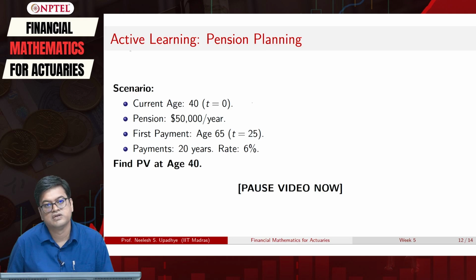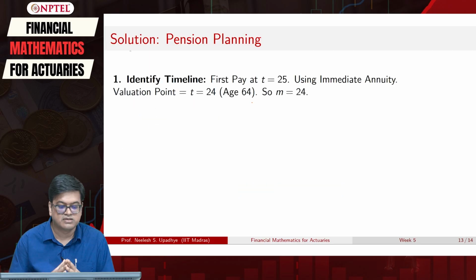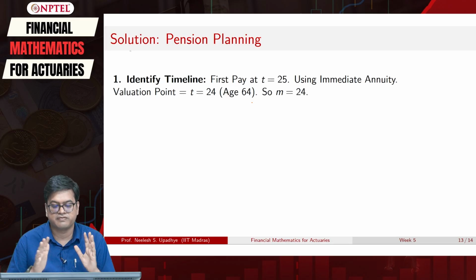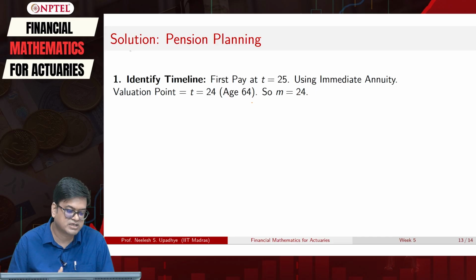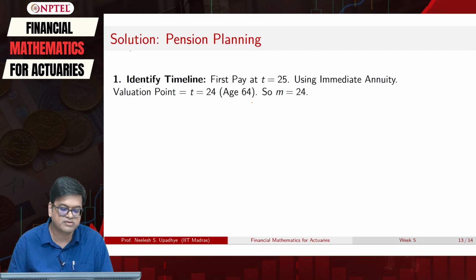Welcome back. So, I hope you must have tried your hand. Let us see how well it went. So, first our problem is first pay is after 25 years, correct. We will follow annuity immediate logic. So, the valuation point that I will look at is 24 years, t is equal to 24. So my M, that is the deferral period, will be 24 years.